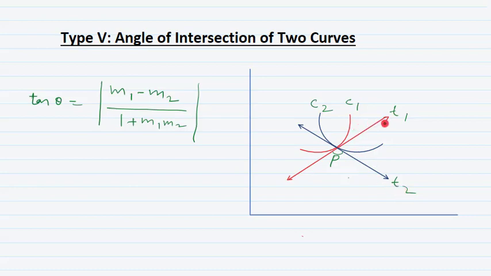So after having the curve, we can find out slope of tangent and easily we can calculate tan theta. To find angle between two curves, we need to follow simple 3 steps. And these 3 steps are very well known to you. Number 1 step is to find point of intersection of two curves.